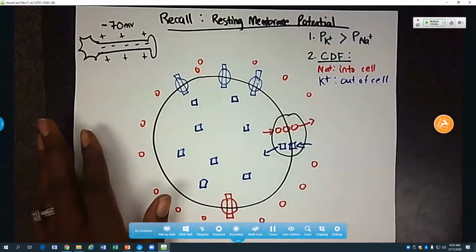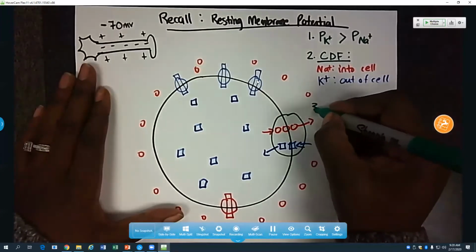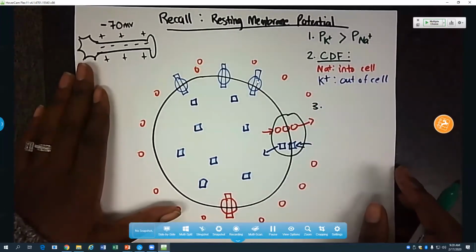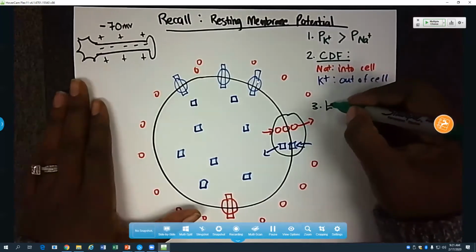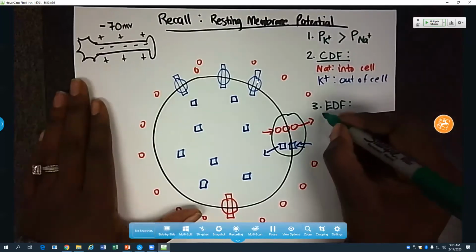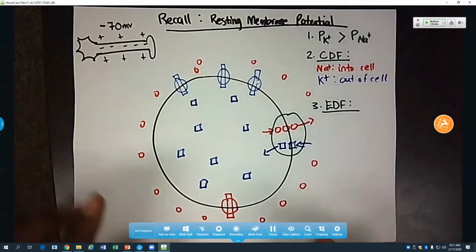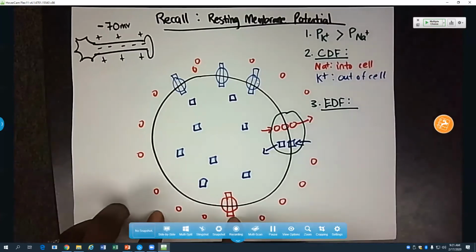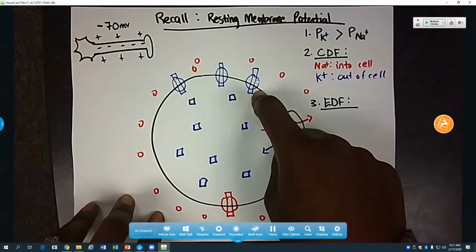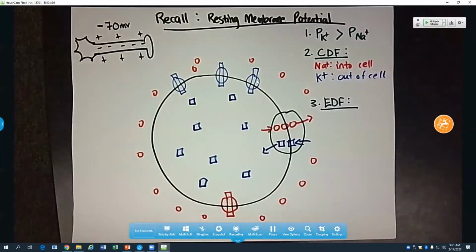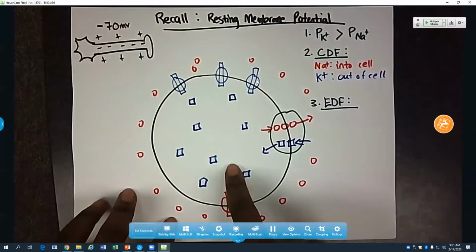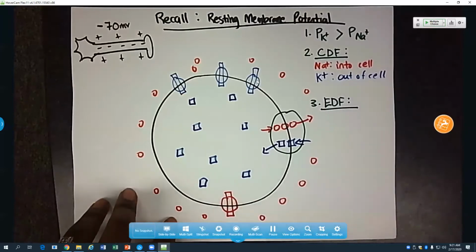Okay. The third part of this was looking at the other force. So what was the other force? There's chemical and then electrical. So we look at the EDF, which is the electrical driving force. And now because we have fewer sodium channels and more potassium channels, we've got more potassium leaving according to its concentration gradient than we have sodium coming in, again, according to that concentration gradient.